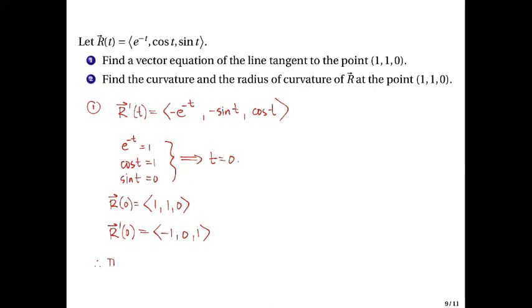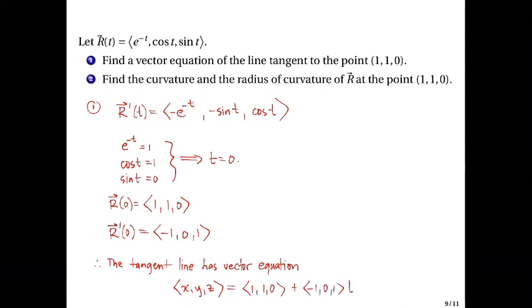So therefore, the tangent line has vector equation. Let me write it as x, y, z. We have the vector 1, 1, 0, that's your r of 0, plus the r prime, negative 1, 0, 1, times the parameter t.